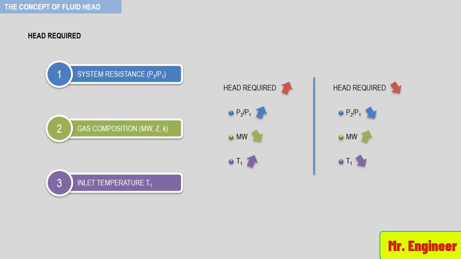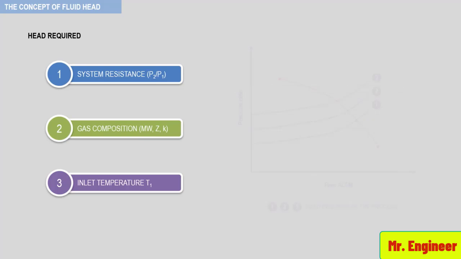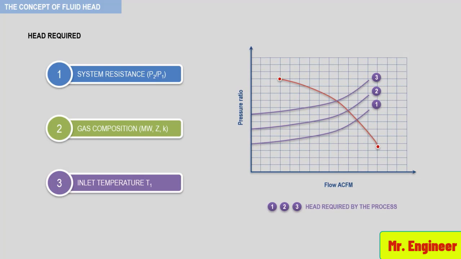If the head required by the process increases, the flow rate of any dynamic compressor will decrease. This, if you recall, was discussed in a previous video and is illustrated here again with the following figure.